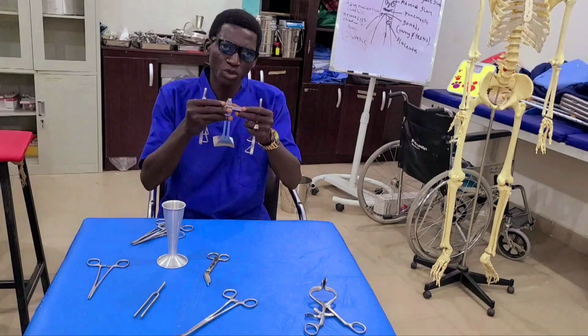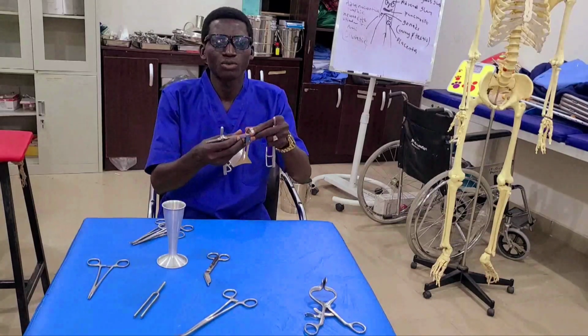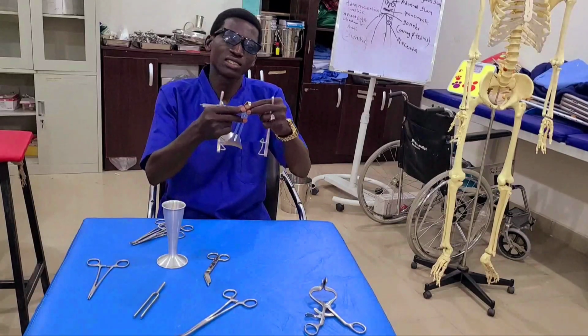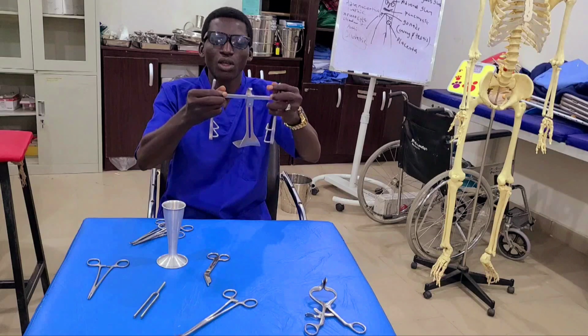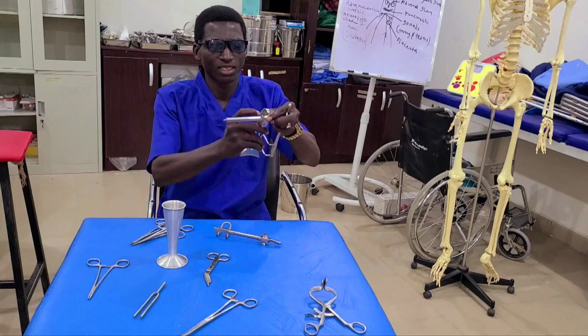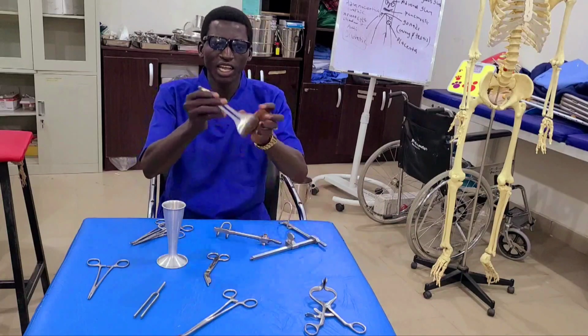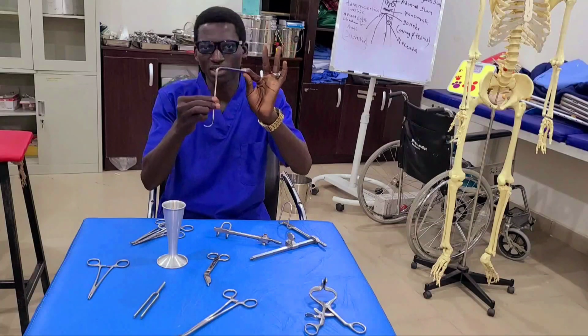Here we have two abdominal retractors. One is the Balfour abdominal retractor. When it's like this, we call it the Balfour abdominal retractor. But what if I dismantle it? Here it is called the Sims abdominal retractor.